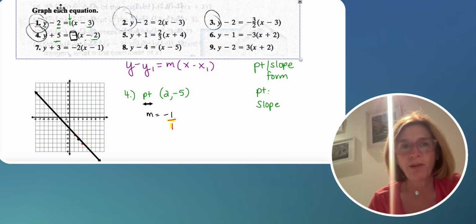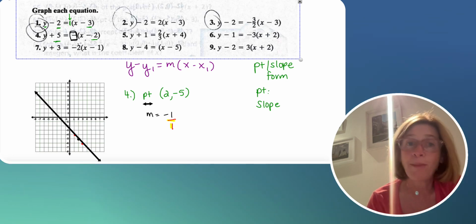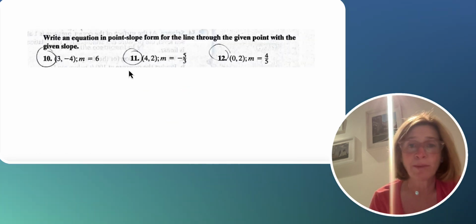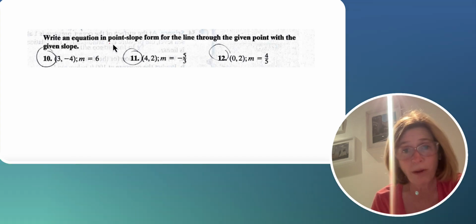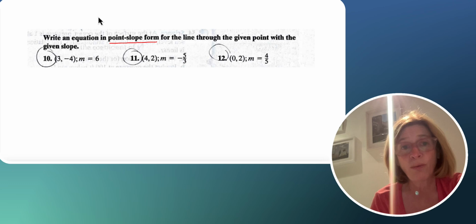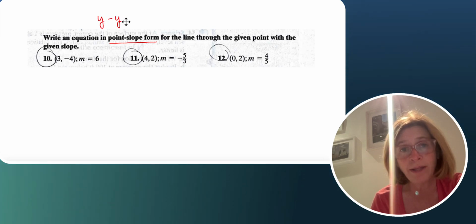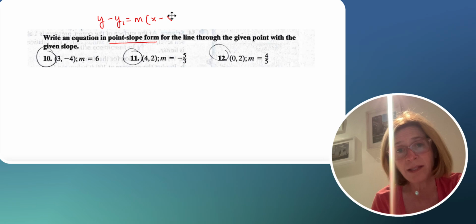All right, hopefully that was helpful. A couple other questions that came up on the homework were question number 11. It says write an equation in point slope form for the line through the given point and the given slope. Again, you have to know your point slope equation: y minus y1 equals m times x minus x1.